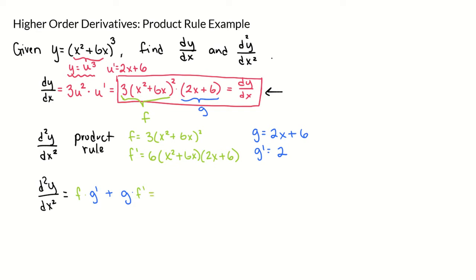So that will be starting with f, which is 3 times (x squared plus 6x) squared multiplied by g prime, which is 2, plus g, which is 2x plus 6, multiplied by f prime, which is 6 times (x squared plus 6x) times (2x plus 6).